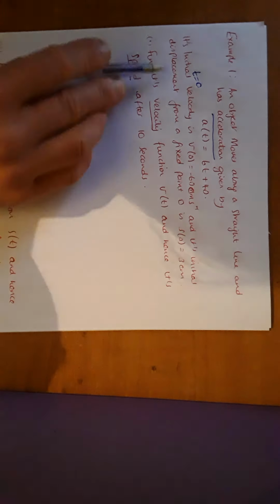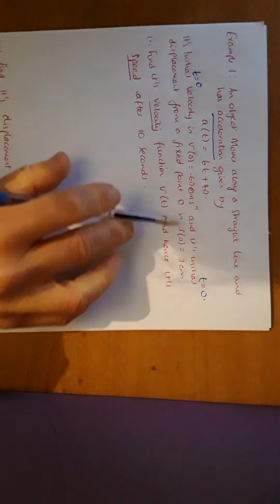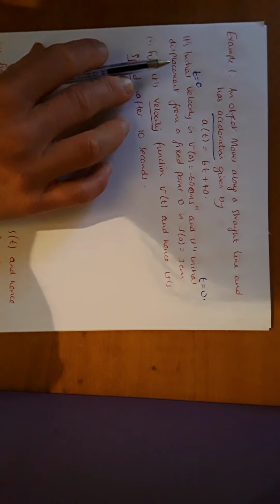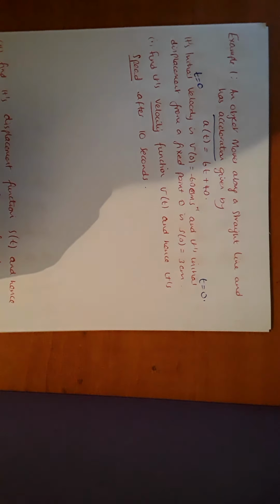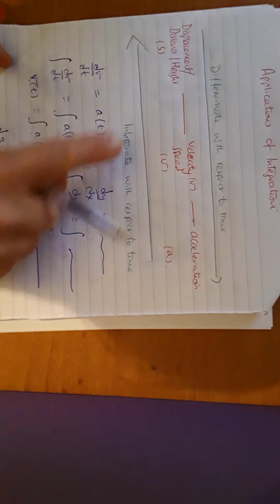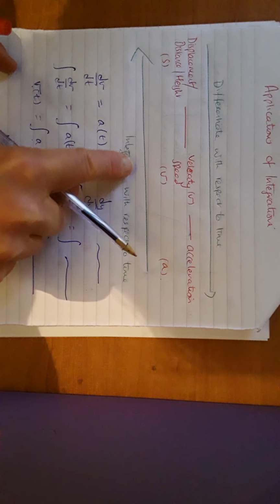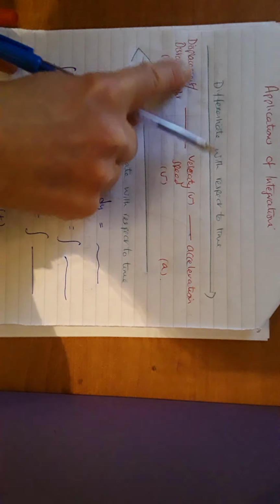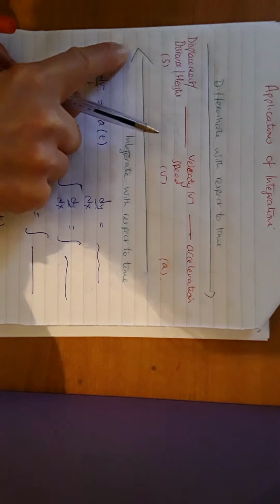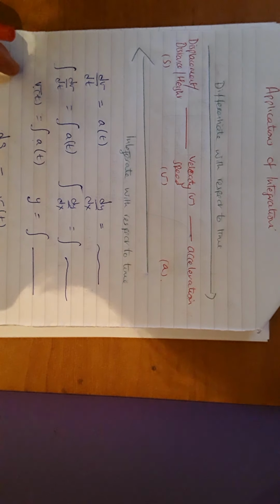And its initial displacement, again t is 0, from a fixed point is, displacement is the distance or the height, remember that from our diagram. If you wanted to, pause the video and take down this arrow diagram. You go this way for differentiation and back for integration.